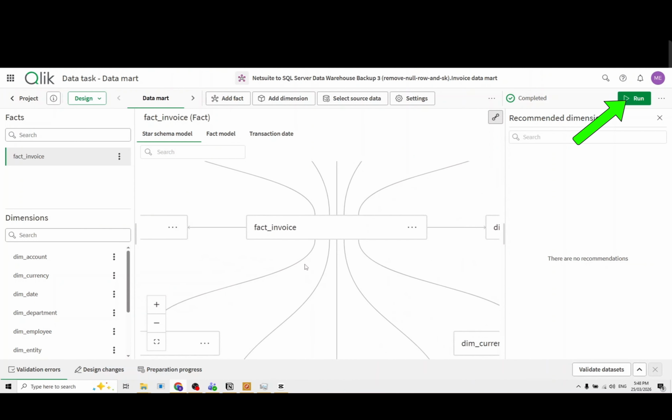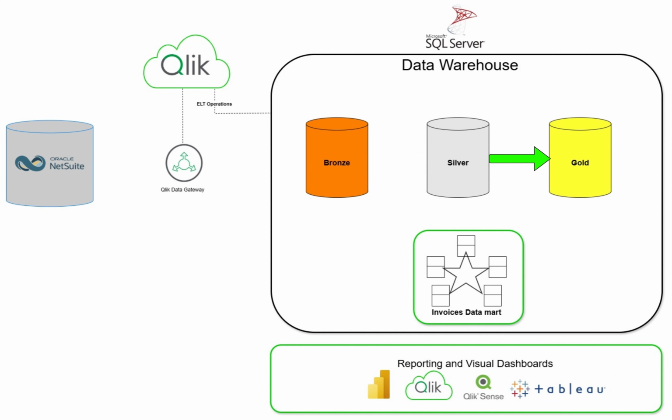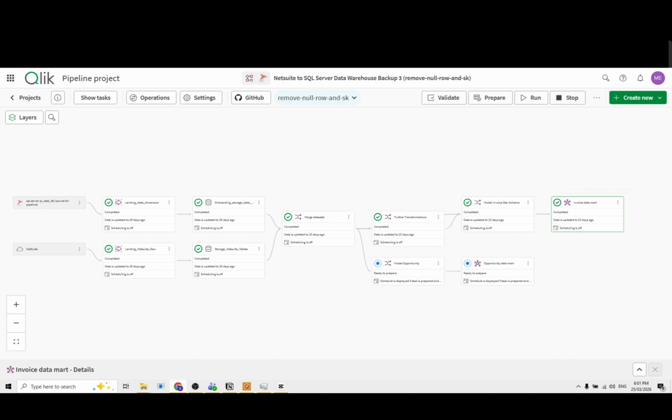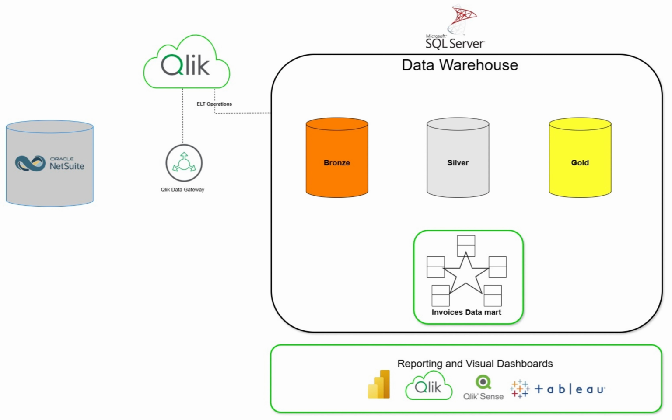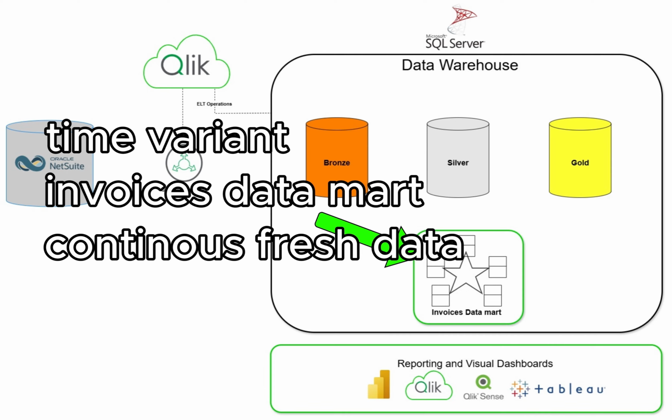When I deploy the data mart, Qlik creates the artifacts in the data warehouse, feeds it the latest data, and it's ready to be used for analysis. Subsequent pipeline runs automatically feed new data into the data mart, and that's it. Now I have a time variant invoices data mart that's continuously fed fresh data and is ready to give me an overview of my organization's finances.